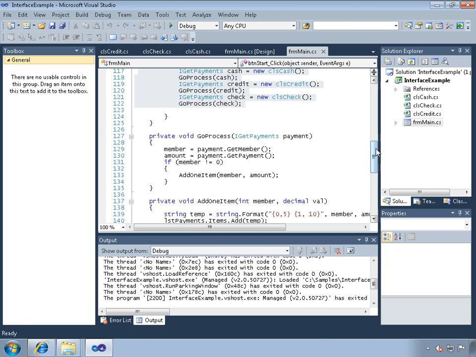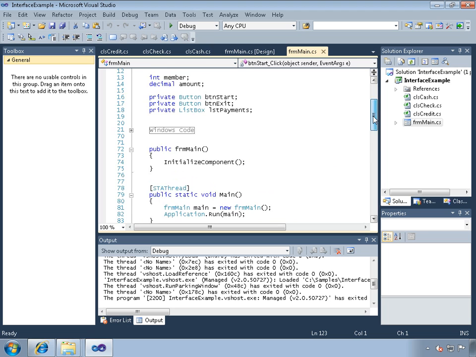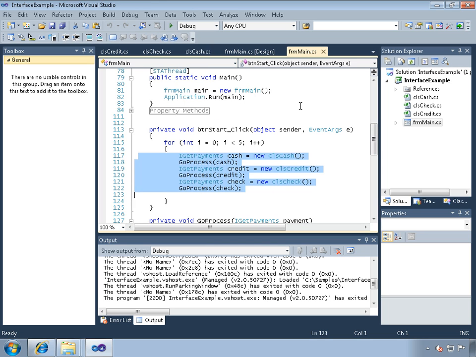But the idea is, and the benefit of using interfaces is that you decouple the classes from the user interface, and you will have an easier time of maintaining compatibility between releases of software if you program for the interface.